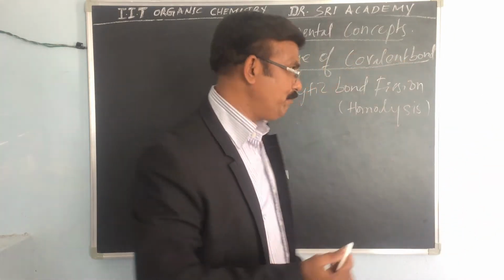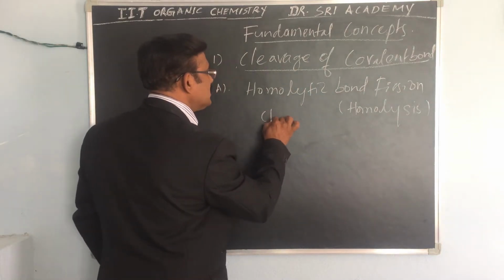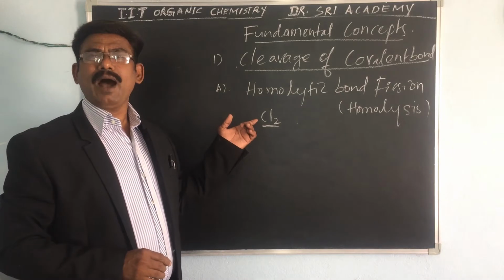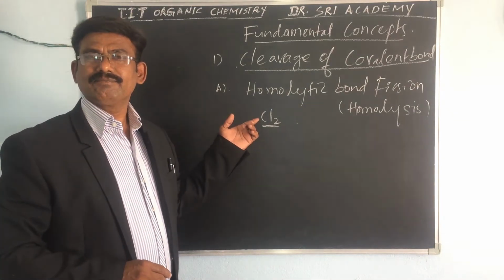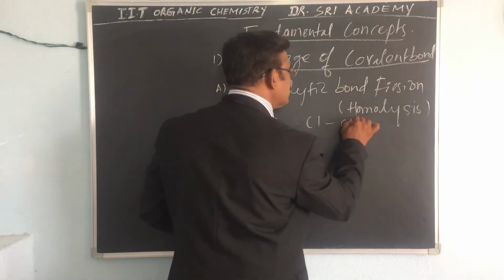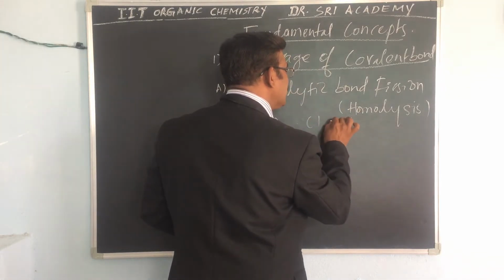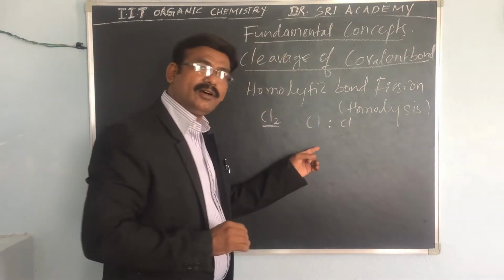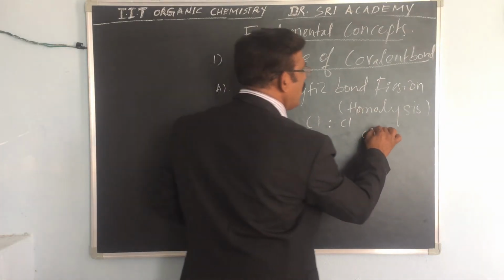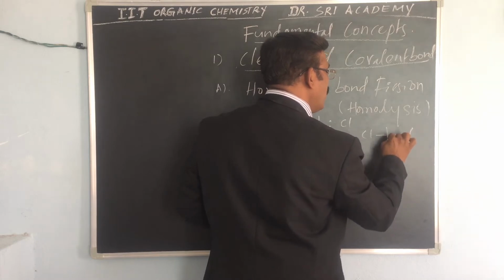The best example is the chlorine molecule, Cl2. Cl2 has a covalent bond. Two chlorine atoms share a pair of electrons to form the covalent bond.